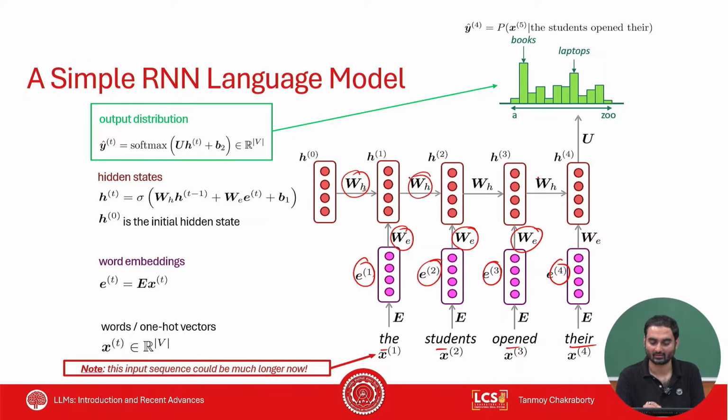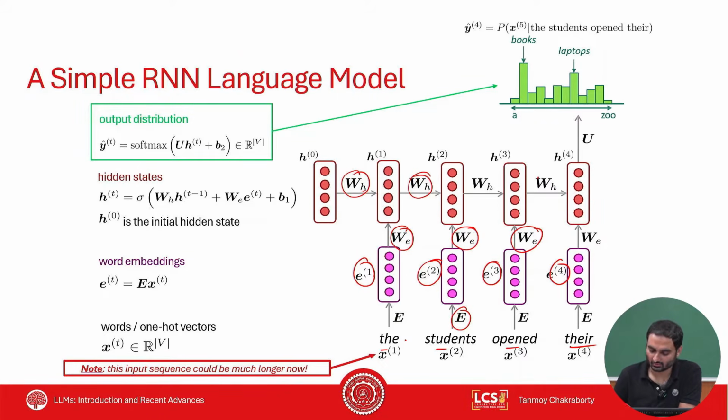WH is again a parameter matrix, and so on and so forth. You can ask, what is this E? E is an embedding lookup. Embedding lookup basically says that you already have a predefined embedding, and you have a one-hot encoding. You multiply the one-hot encoding with the predefined embedding matrix, and you retrieve the corresponding embedding. This is a vector.